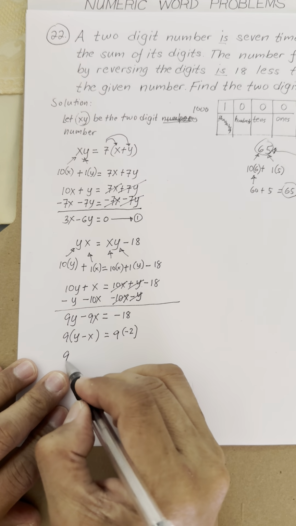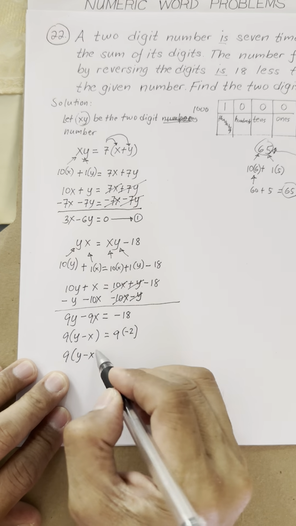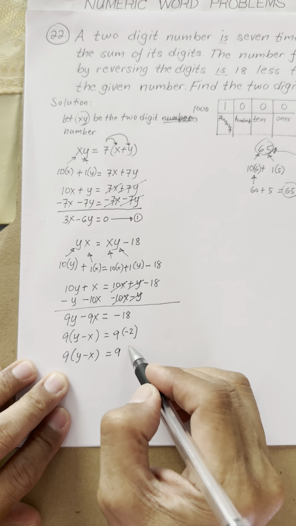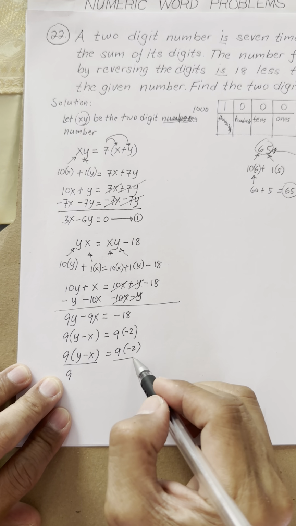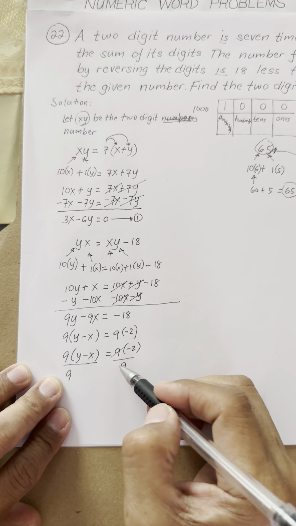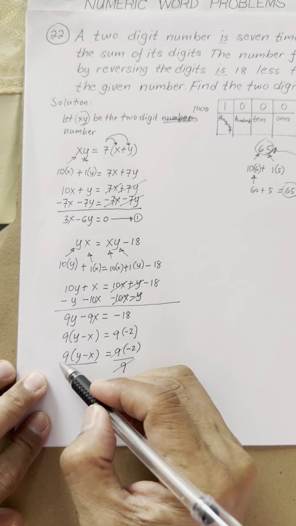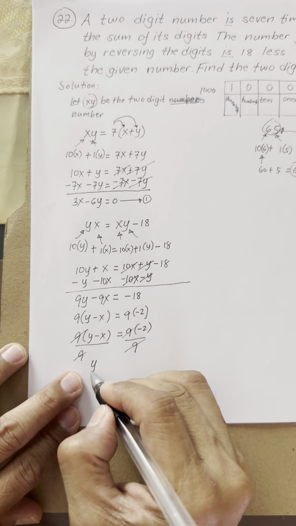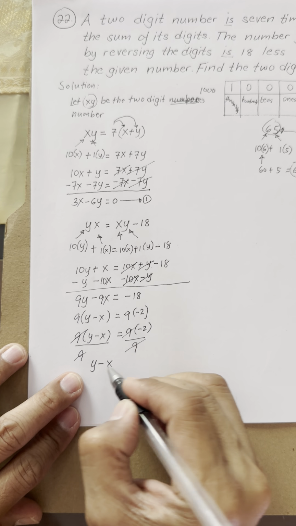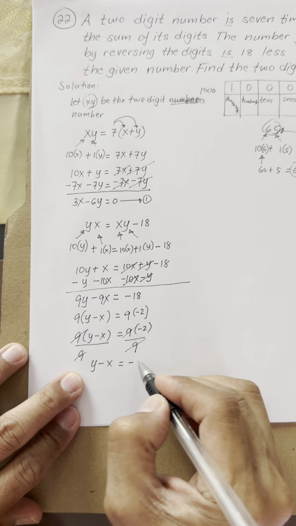So dividing both sides by 9, the 9 at the numerator cancels out with the 9 in the denominator. So we have y minus x equal to minus 2.